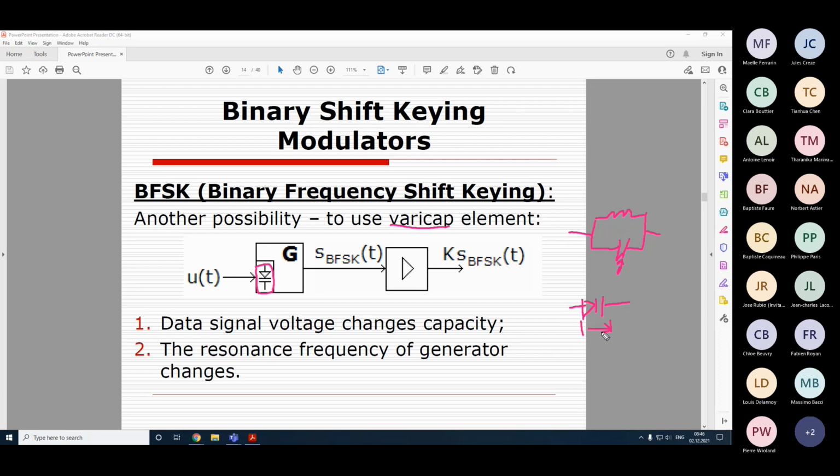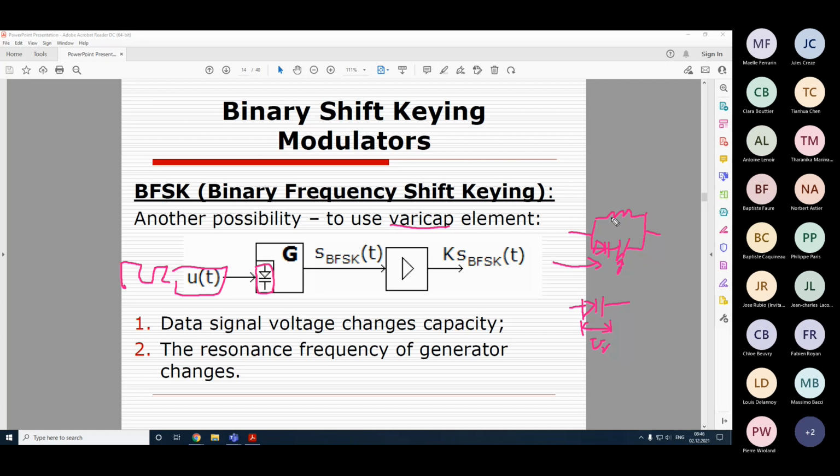So here we have some voltage on the varicap, and if we change this voltage, this will automatically change the capacity of this varicap. So the idea is quite simple. We add here this varicap, and this way the resonance frequency of this loop depends on the capacity of this varicap, and accordingly on the control signal, the data signal. So this idea is pretty straightforward and simple.